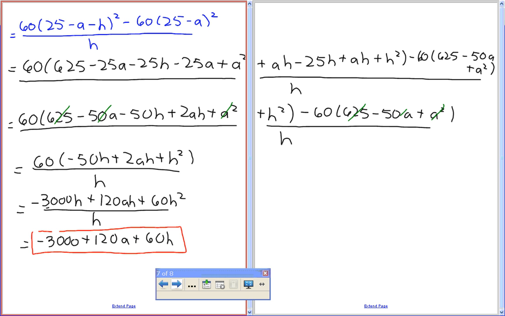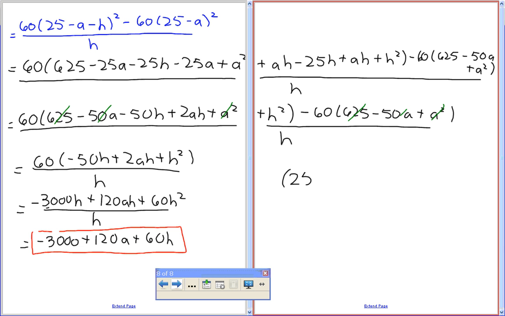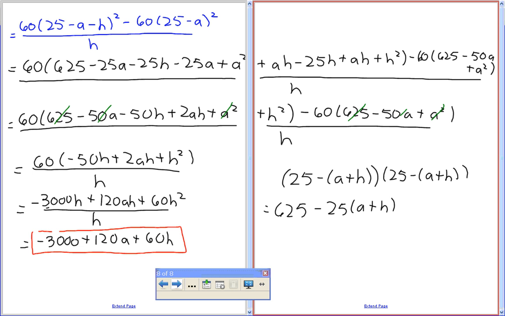Okay, do you want me to show you how Reed did it, or do you guys not care? Want to know how Reed did it? Reed did it like this. He did this as 625 minus 25 times A plus H, and he treated this as one term, and this is one term.